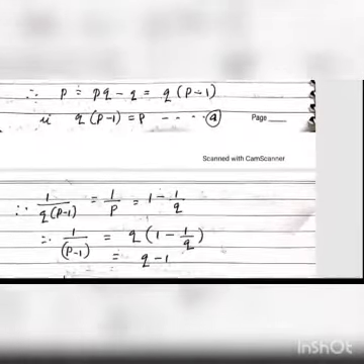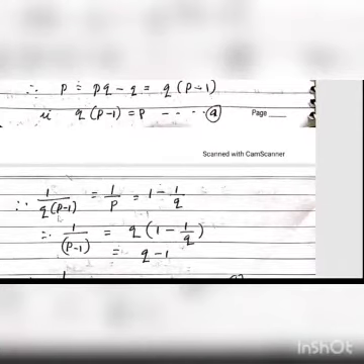Further, 1 by Q into P minus 1 is equal to 1 by P. Since 1 by P plus 1 by Q is equal to 1, 1 by P can be written as 1 minus 1 by Q. So 1 by P minus 1 is equal to Q into 1 minus 1 by Q, that is, by multiplication we get Q minus 1. So 1 by P minus 1 is equal to Q minus 1. Take that as result B.